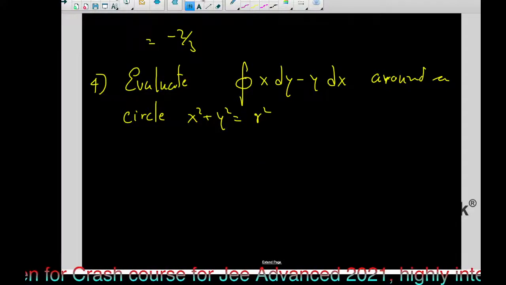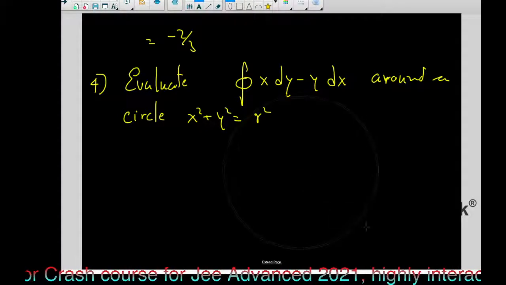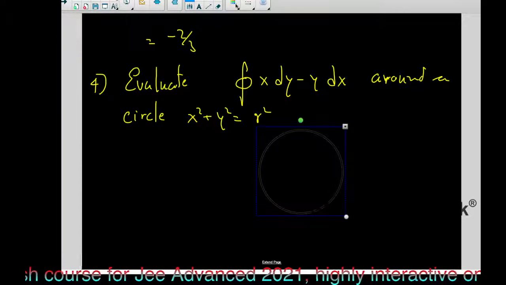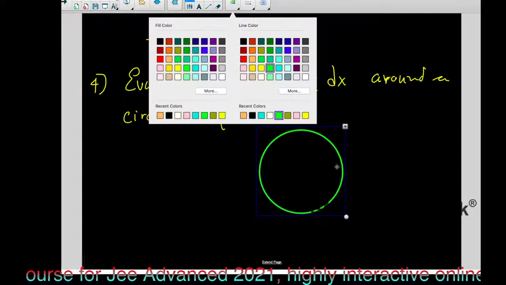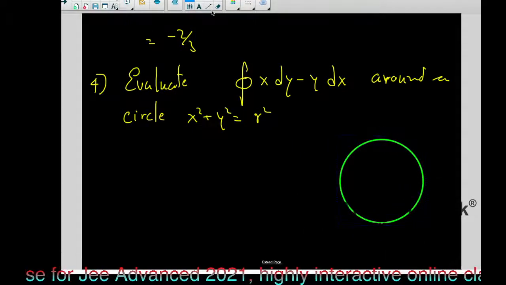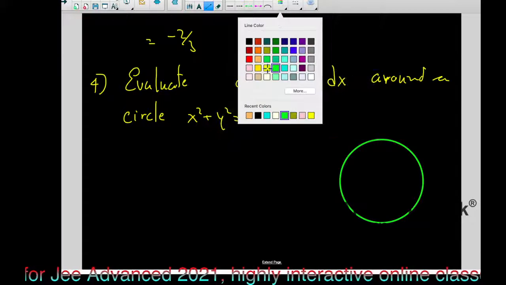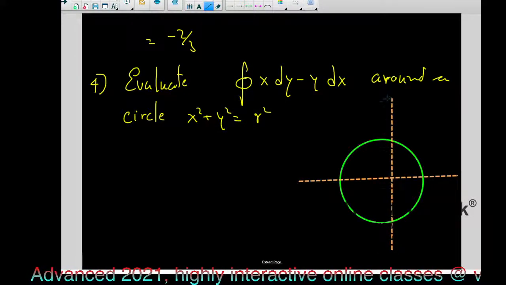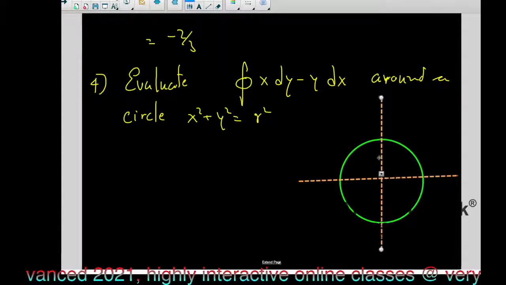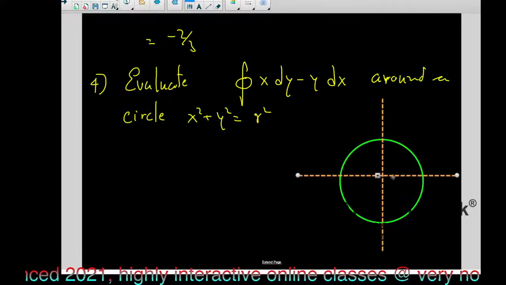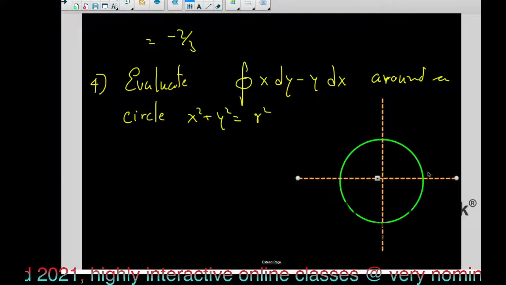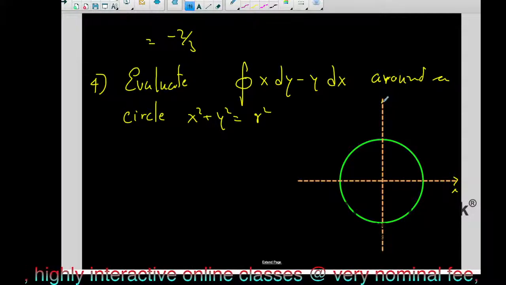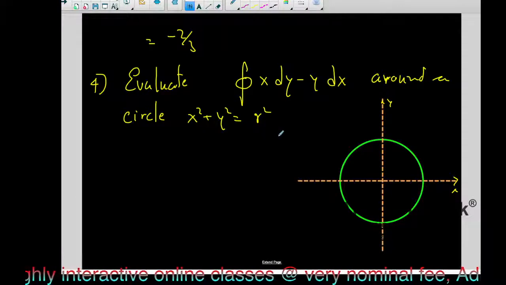How to do this? Let's say this is the x-axis and this is the y-axis, and the equation of the circle is x square plus y square equal to r square.